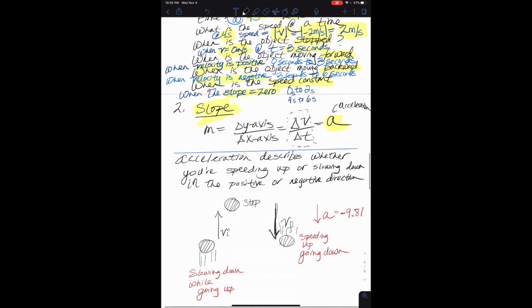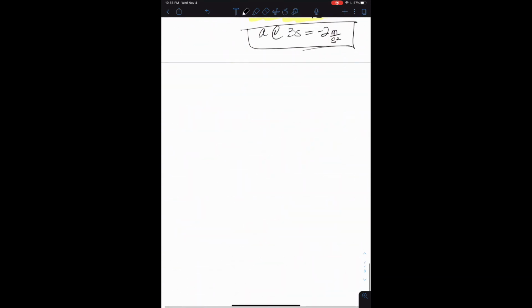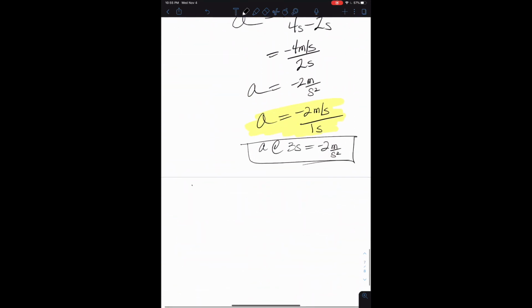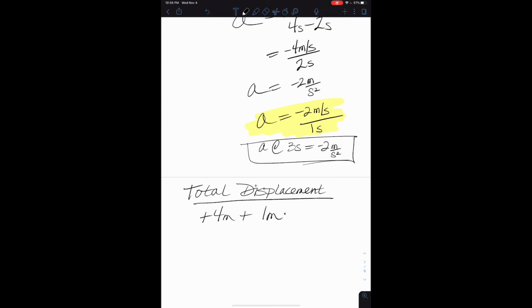So if I go back to the bottom, where I have a little room, total displacement is equal to positive 4 meters plus 1 meter minus 1 meter minus 4 meters, right?